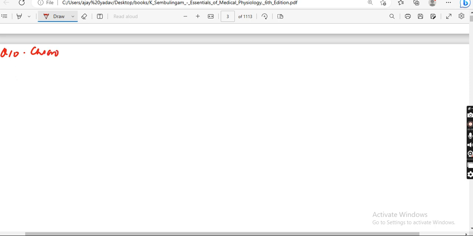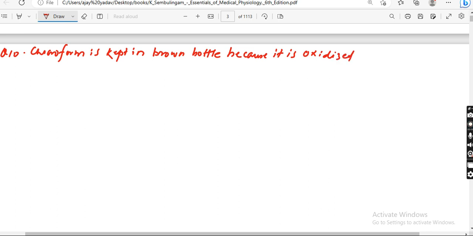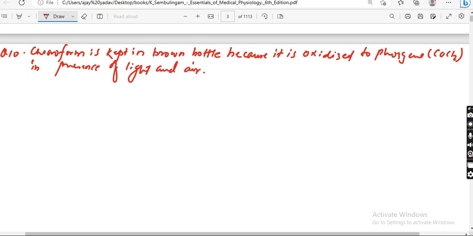Chloroform is kept in a brown bottle because it is oxidized to phosgene, that is a poisonous gas, in presence of light and air, right? So it should be kept in the brown bottle. Okay.